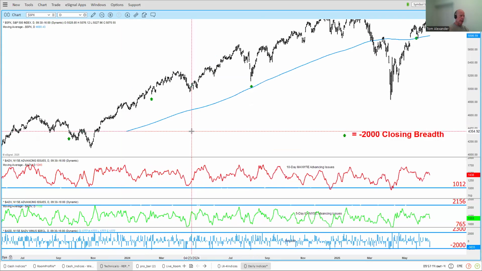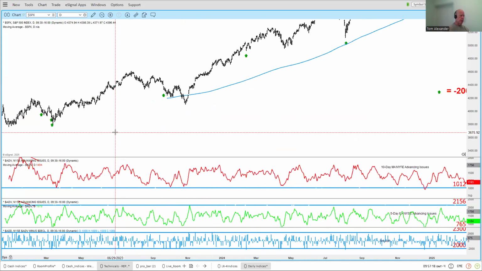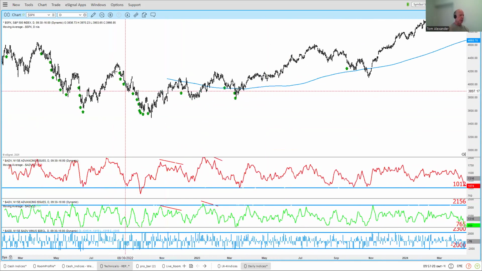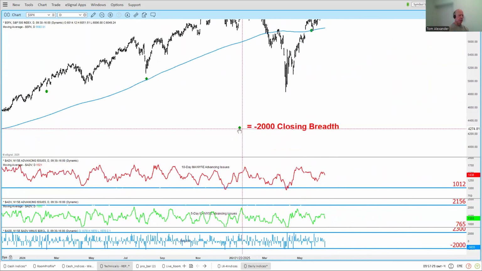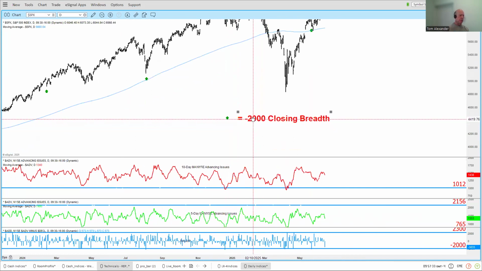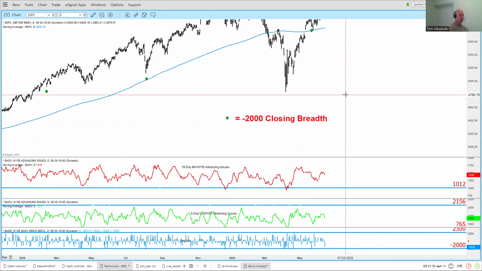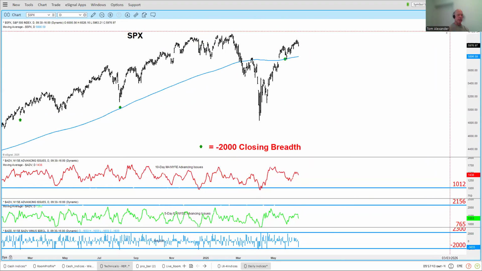You can scroll back and see how relatively rare these negative 2,000 breadth readings are, except when you get in a bear trend. So that's one of the signs that we're in a bear trend. If we start having clusters of these within a few days of each other, that tells you that there's something more serious developing to the downside than anything that we've seen in a while. So that's what this looks like from a technical perspective.